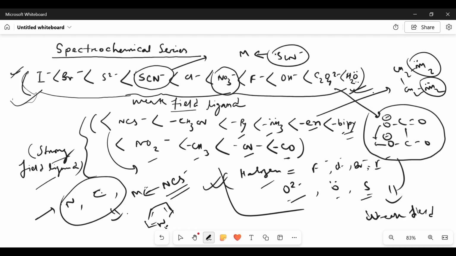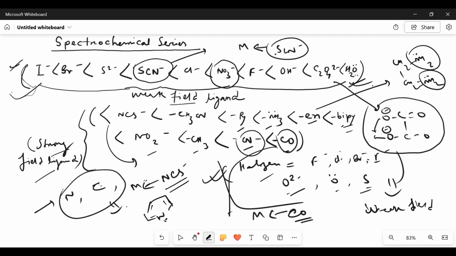Okay. In case of methyl also, carbon is the donor atom. In case of cyanide also, carbon is the donor atom. In case of carbonyl also, carbon is the donor atom, because in metal carbonyl this type of coordination will be there. So this is the short trick to remember, that it depends on the donor atom.